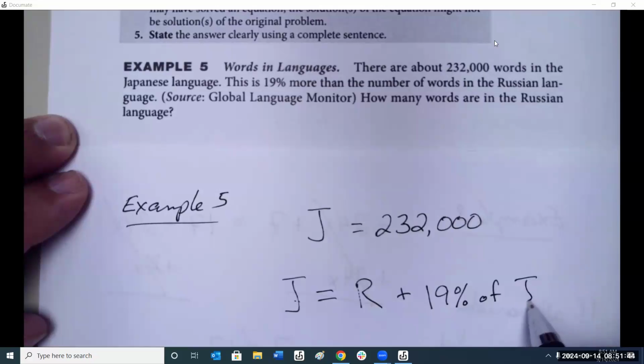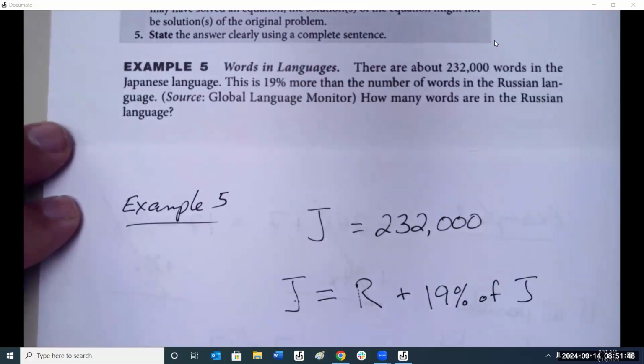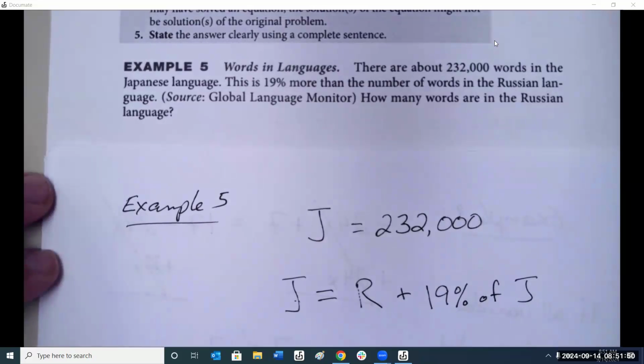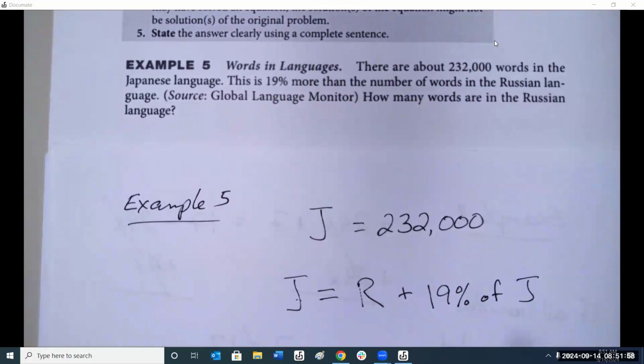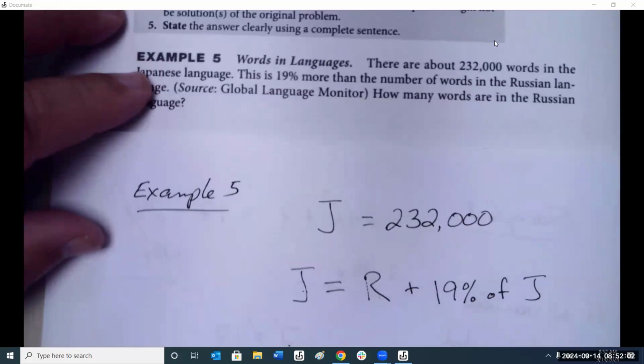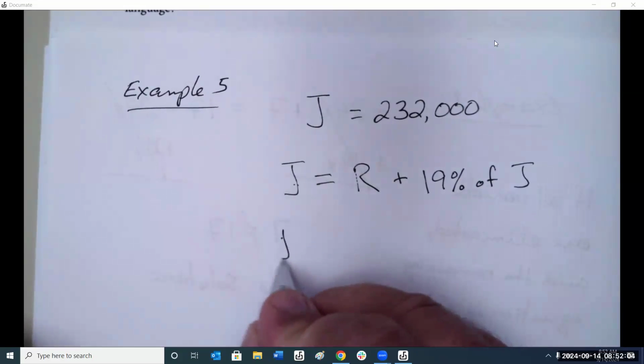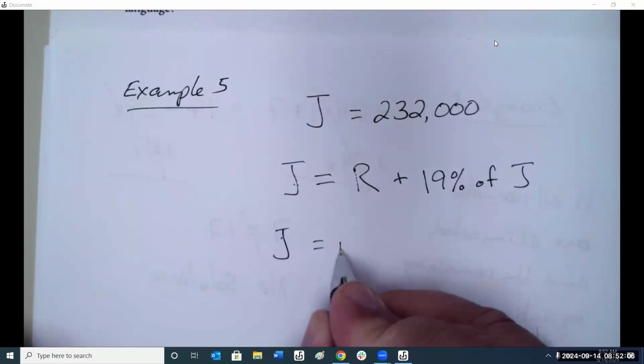Yeah, the words in the Japanese language, right? The 232,000. So the Japanese language has Russian language plus 19% of the Japanese language. So let's put this into more manageable words.